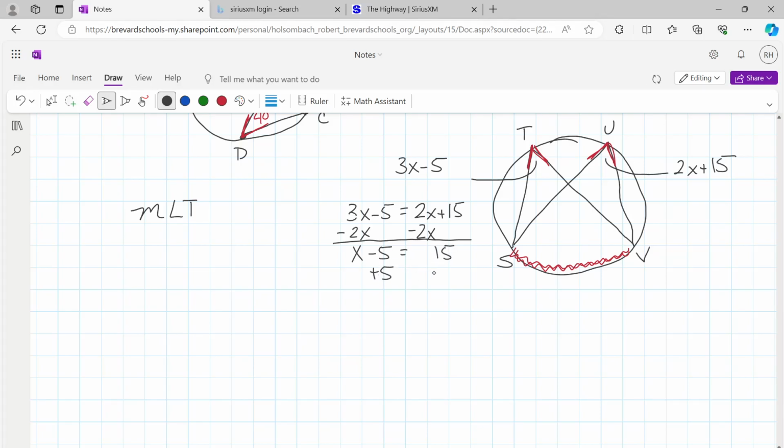Add 5 to each side. So our x is equal to 20. So the measure of angle T is 3 times x minus 5, which is 3 times 20 minus 5. And 3 times 20 is 60, minus 5 is 55.